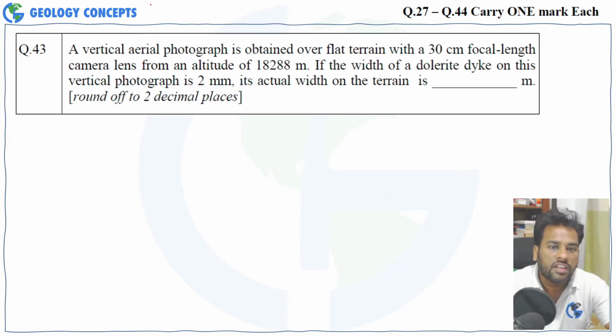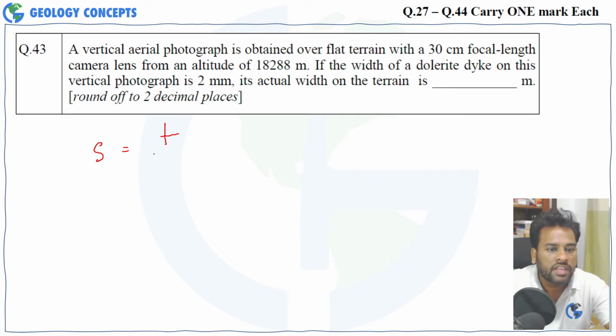A vertical aerial photograph is obtained over a flat terrain with a 30 centimeter focal length camera lens from an altitude of 18288 meters. If the width of the dolerite dike in the vertical photograph is 2 millimeters, find the actual width on the terrain. To calculate this, first we need to know the scale.